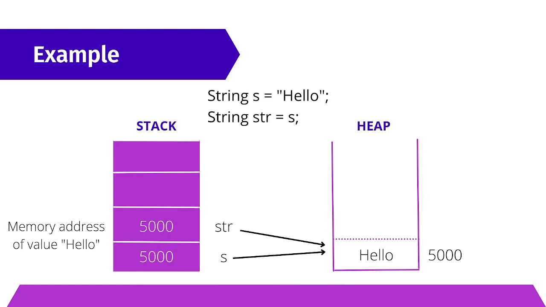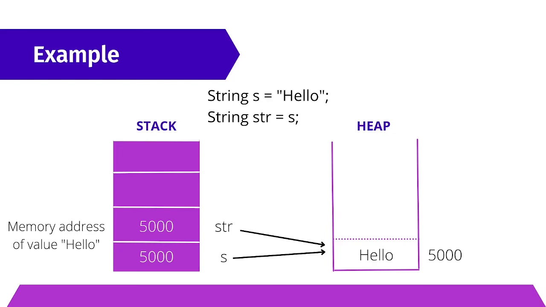Also you can see that we have stack and heap memories shown in the diagram on the left hand side and right hand side respectively. So you can see that we have str and s on the stack. The memory address of value hello, that is 5000, is stored in these locations.